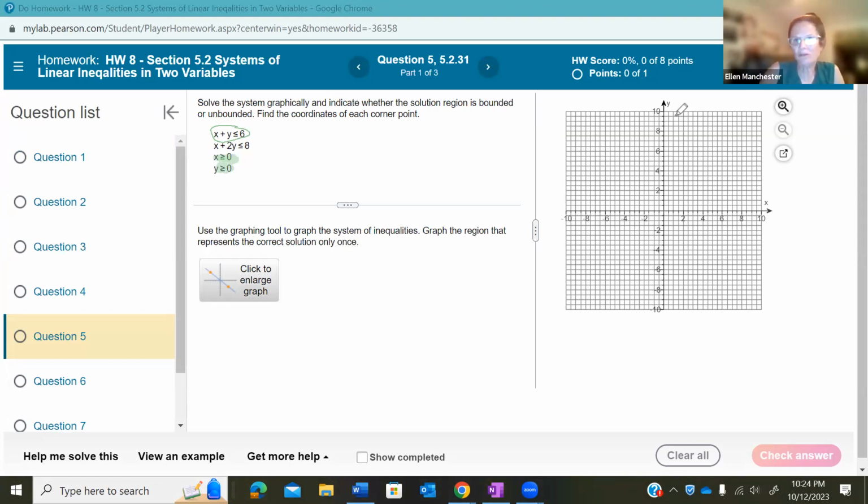Okay, I always do those first. So again, this is my paper. I am showing you on paper how I'm doing this before I ever open my tool, right? Where it says click to enlarge, that's where the tool is. Okay, so there is my restrictions. Now I'm going to use a different color from this first line.